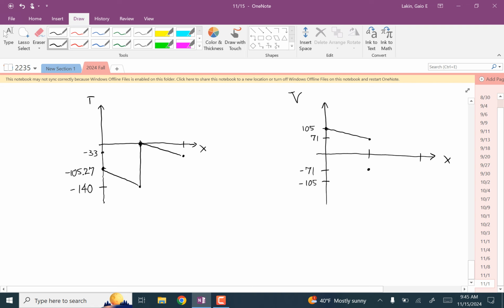I guess that makes sense. So again, those two lines are parallel, but there's just a jump due to that point force in the middle.